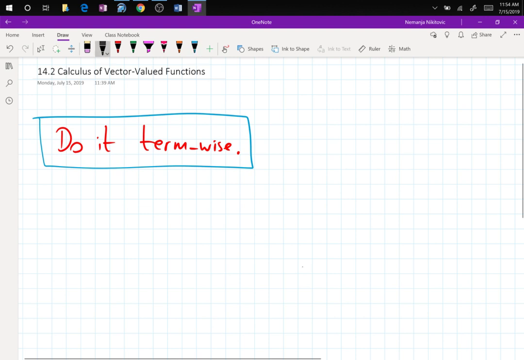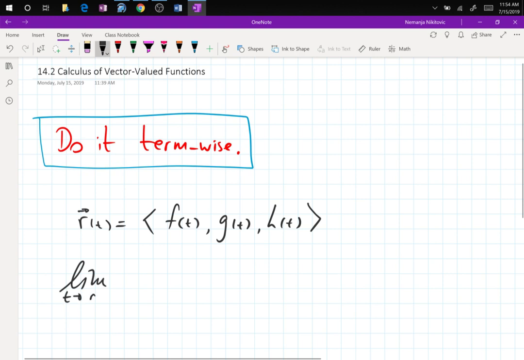So for r of t, let's call the components f of t, g of t, h of t. You can go with x, y, z, whatever. Then what is the limit as t goes to a, which could be 0, could be a number, could be infinity, of r of t?